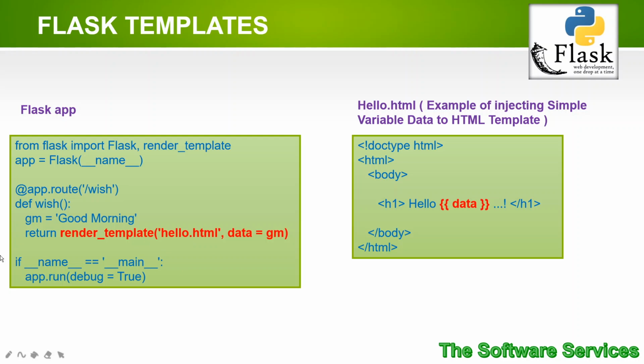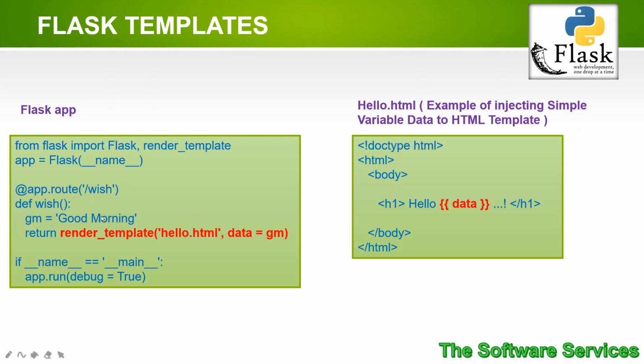This hello.html file will look somewhat like this. The DOCTYPE html declaration, the html tags, body tags, and then h1 tags. Inside the h1 tags we need to substitute the data given by this function.